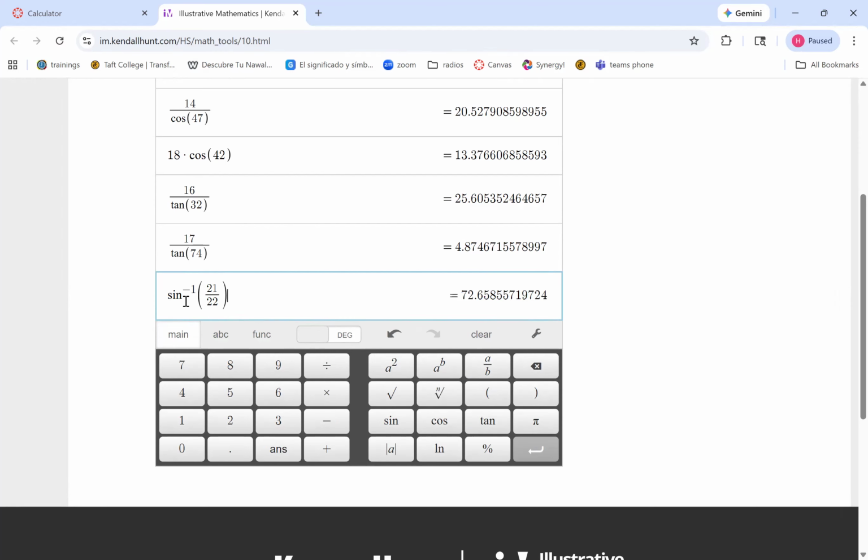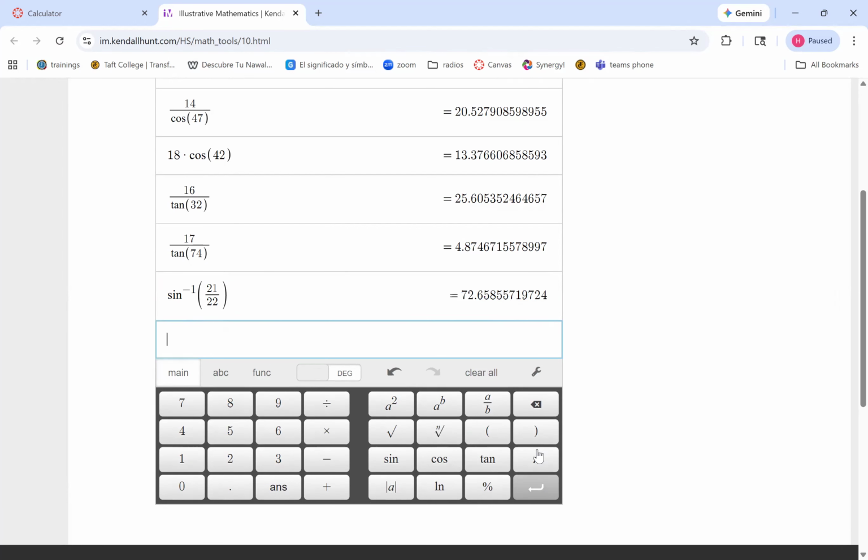So make sure you see what you needed to see. Sine inverse of 21 over 22. I press enter, and it gave me 72.658. So let me round this to two decimal places, 72.66.